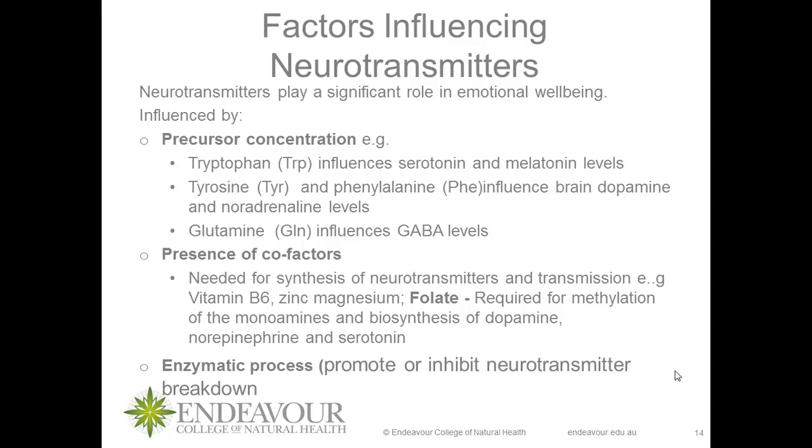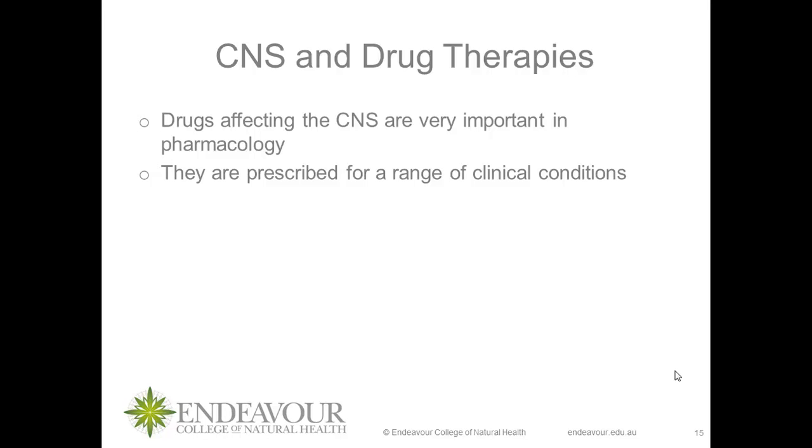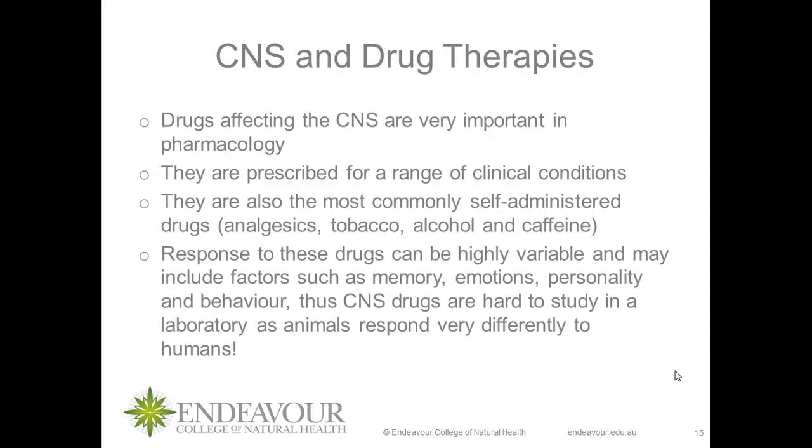Neurotransmitters in the CNS also have to have their actions terminated by various metabolic enzymes. There are certain substances, drugs, and substances from the diet that could promote or inhibit neurotransmitter breakdown. So when we look at drugs affecting the CNS, we want to know what the common indications are, the clinical conditions that they're used for, but there are some other factors to consider.